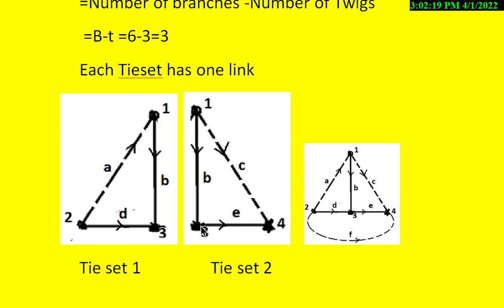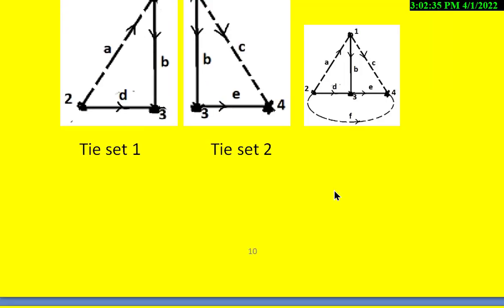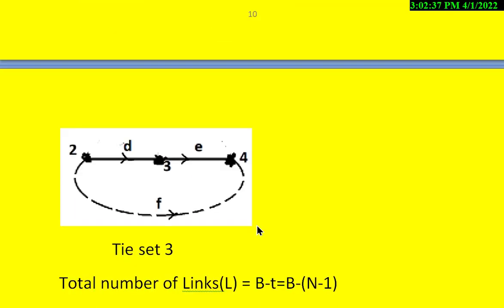This is one thick line, this is another thick line, these are twigs, and there is another link here. So look at this, there is only one link for each tie set. Similarly, we can draw another tie set, that is, D and E are the twigs which are thick lines, and there exists a link like this, F link. This is another tie set.